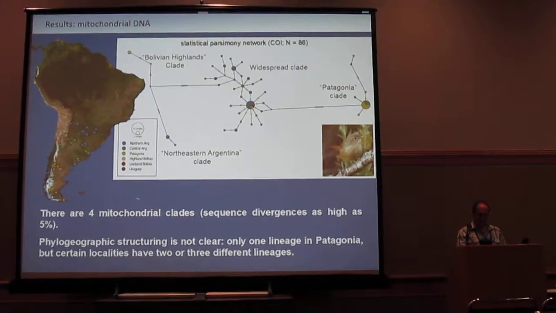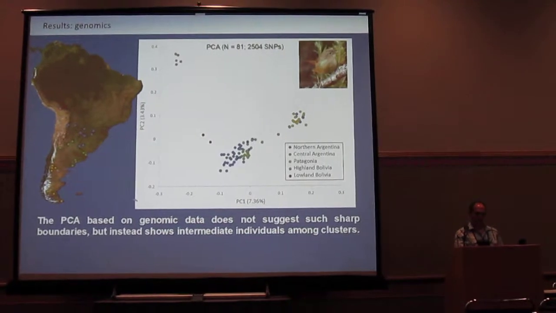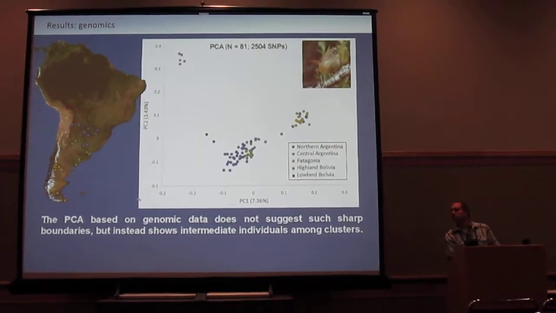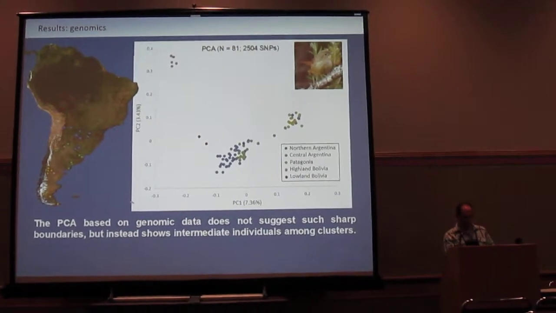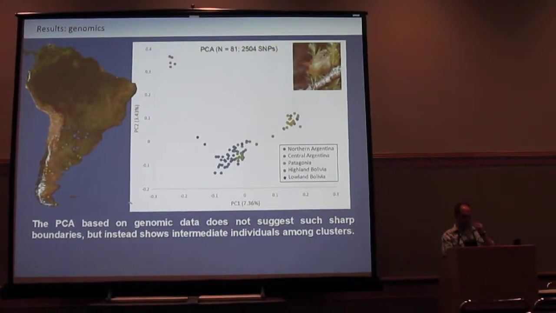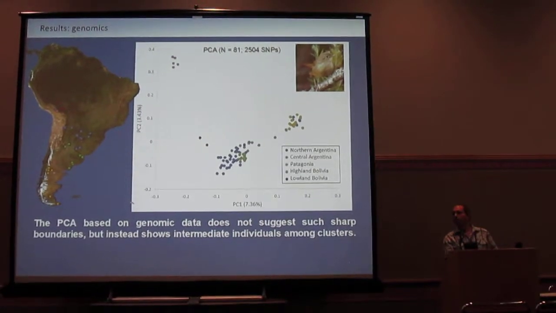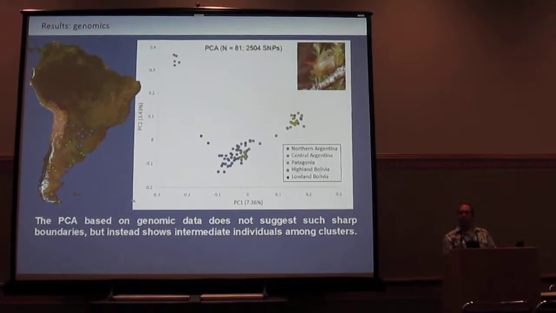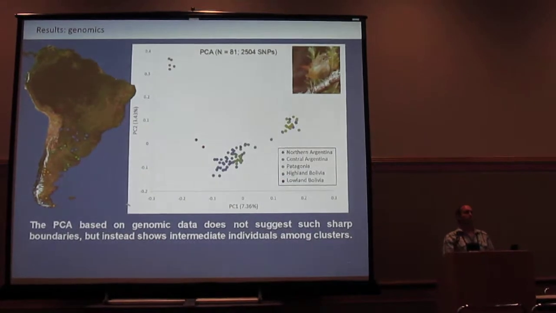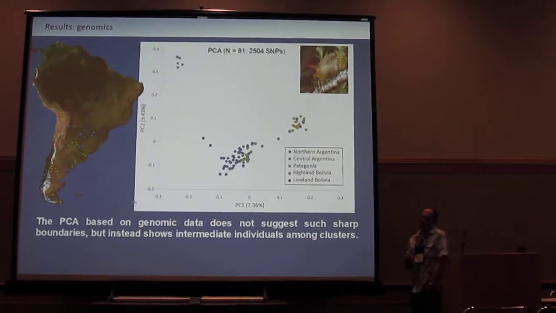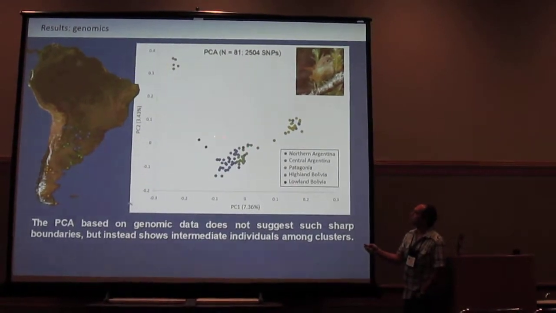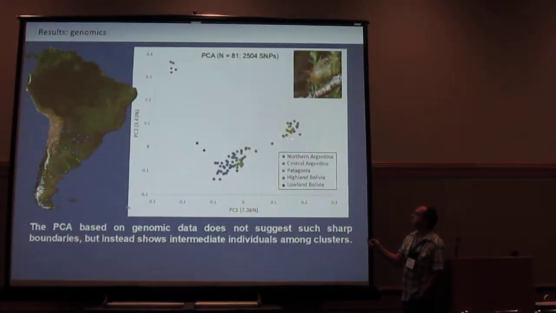So what happens when we compare these with the genomic DNA? First of all, this is a principal components analysis based on 2,500 SNPs. And the first thing that we can see is that there is not such a sharp boundary as we found with the mitochondria. On this cluster most of the northern Argentina specimens appear.